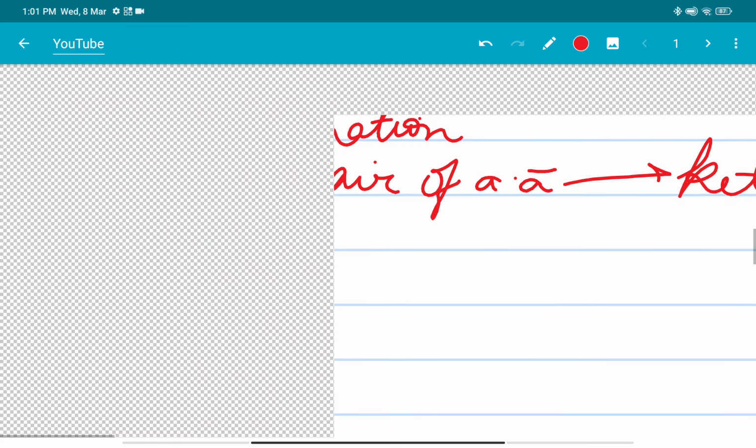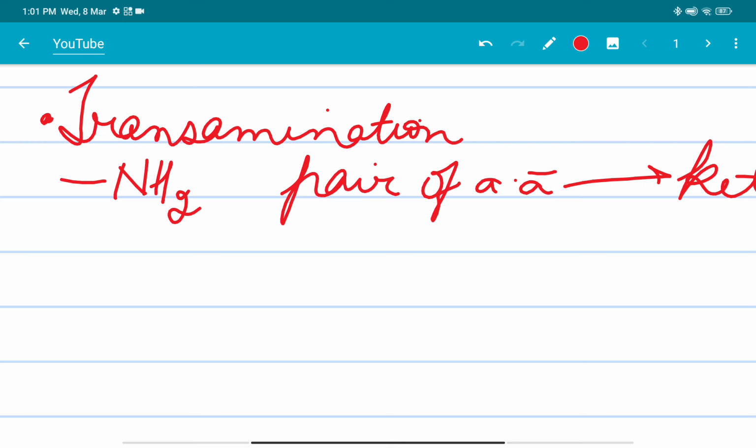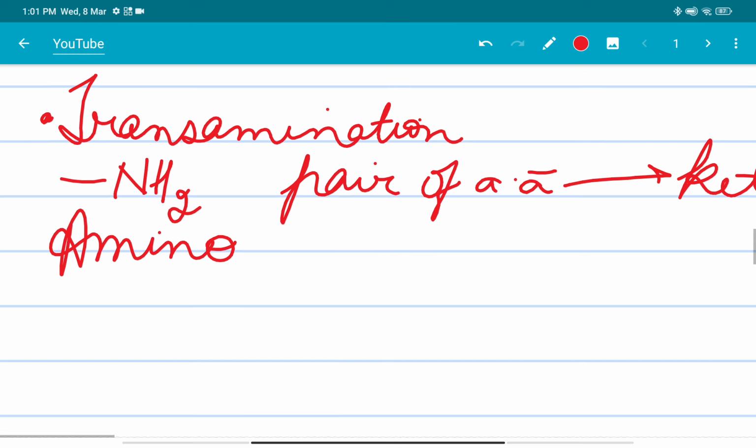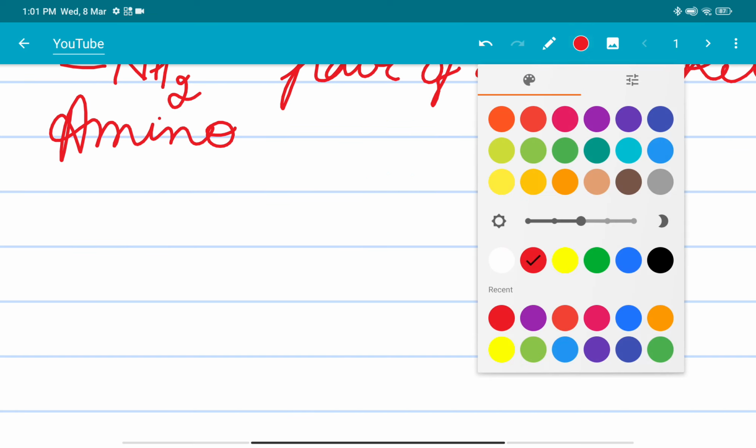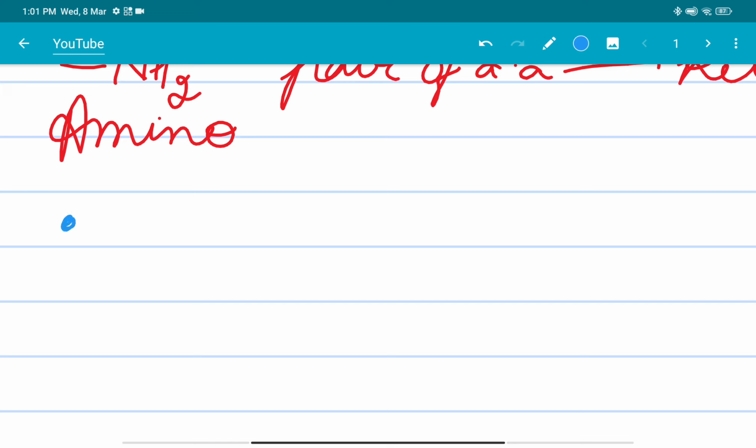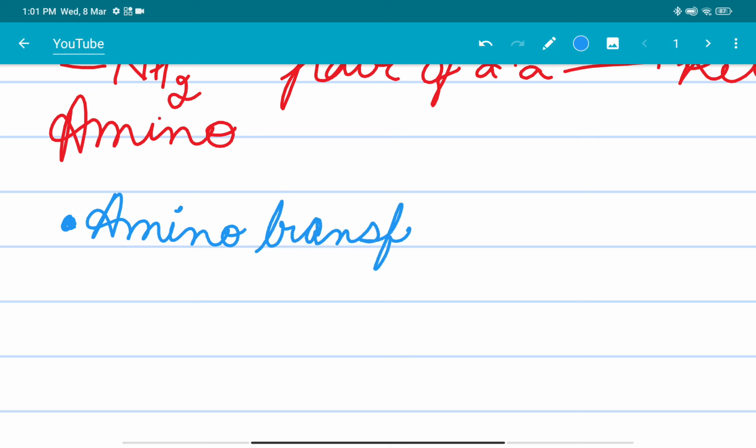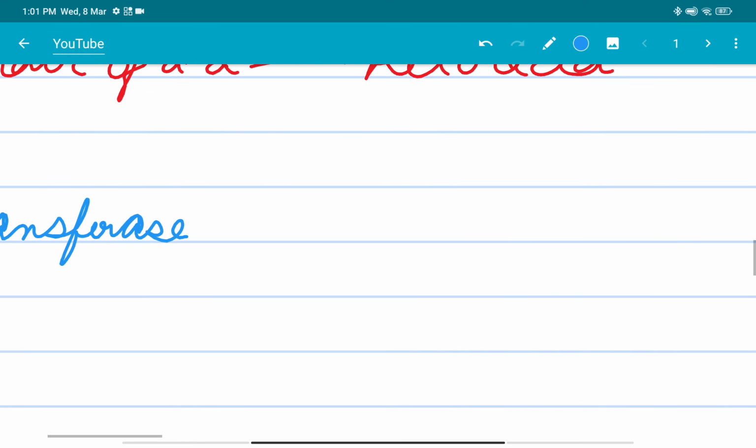This transfer of the amino group from the pair of amino acid to the pair of keto acid is catalyzed by the enzyme called aminotransferase or transaminase. Fine.